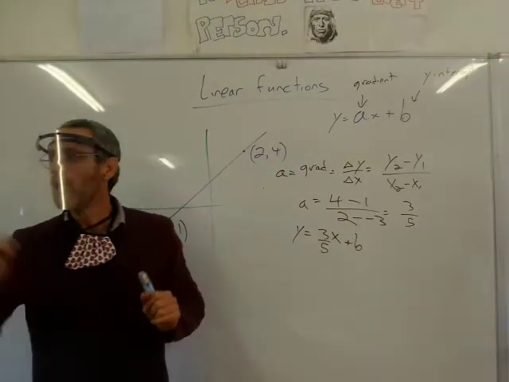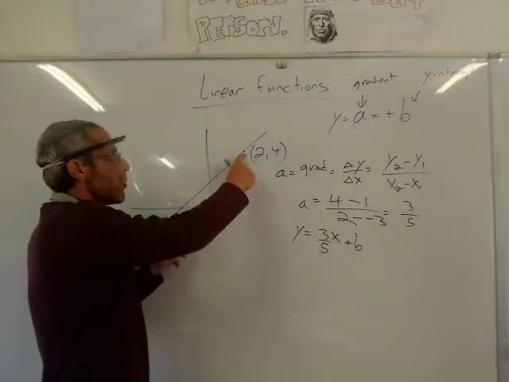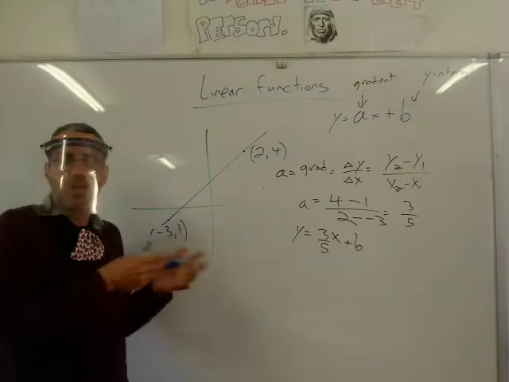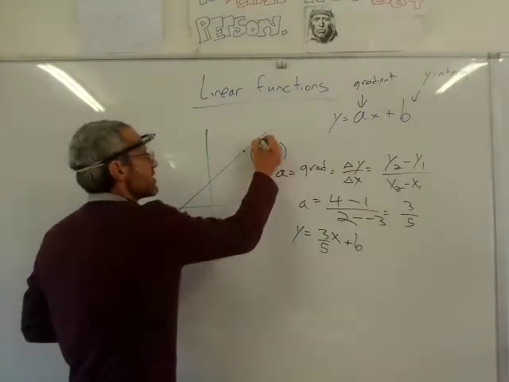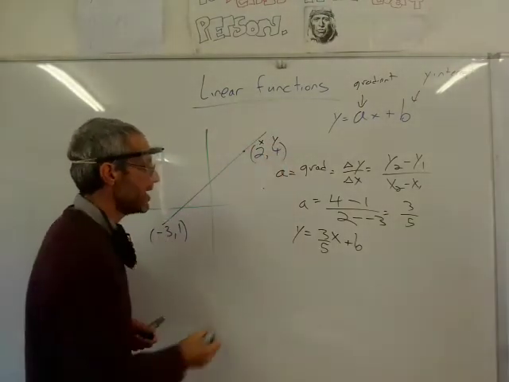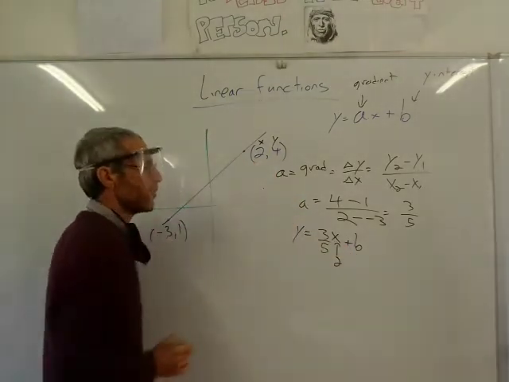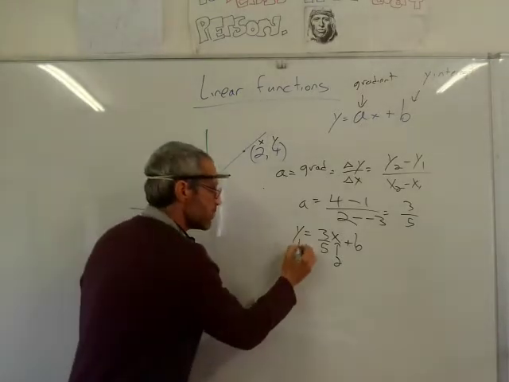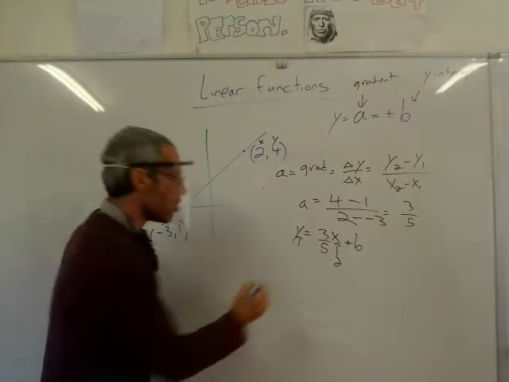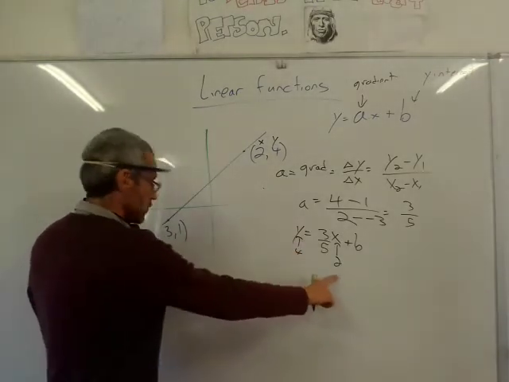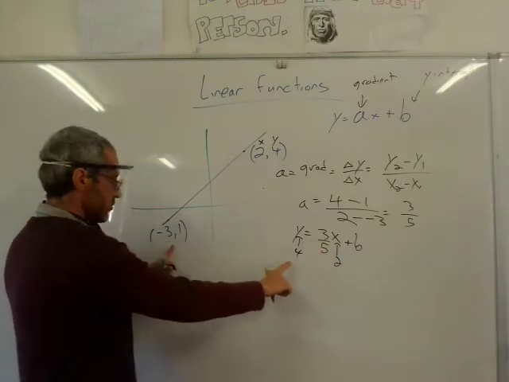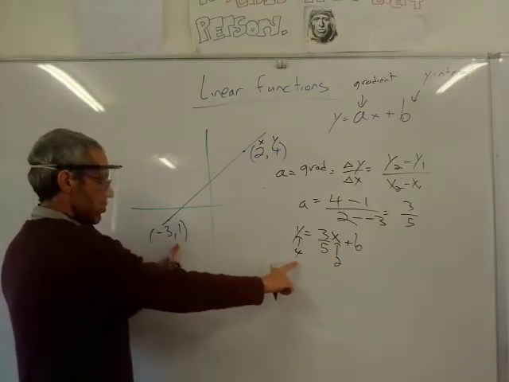I'm going to put in one of these points. Remember, these points are not just numbers. This is a certain x and this is a certain y. So if I put 2 in for x, I must put 4 in for y. If I put minus 3 for x, then I put 1 for y.